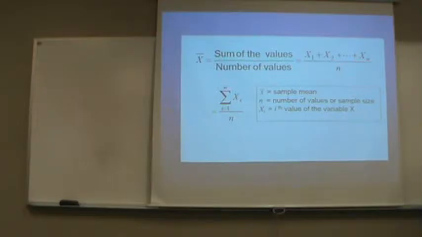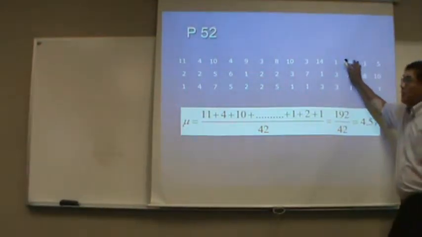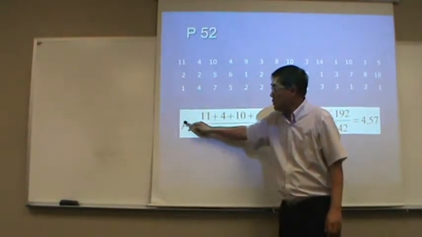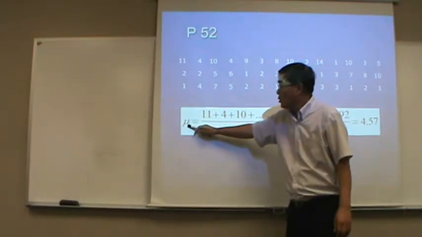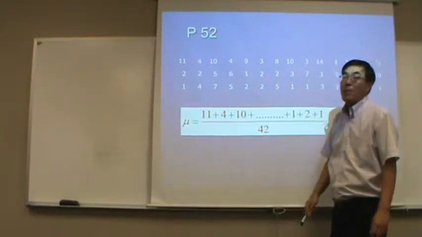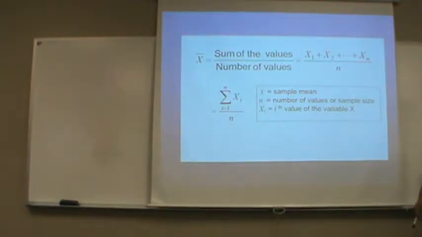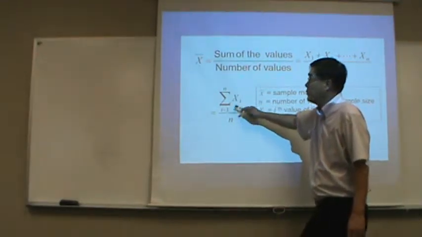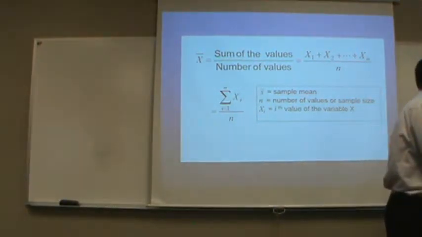Anyway, if the data set is a population, then the mean is denoted by this symbol. We call this mu. If the data set is a sample, then it is the same calculation, but denoted by x bar, the sample mean.